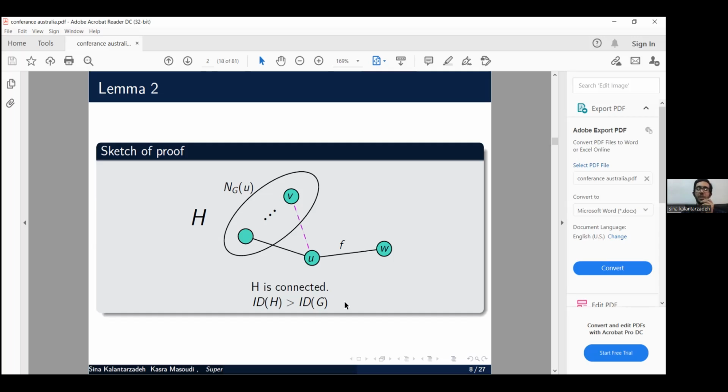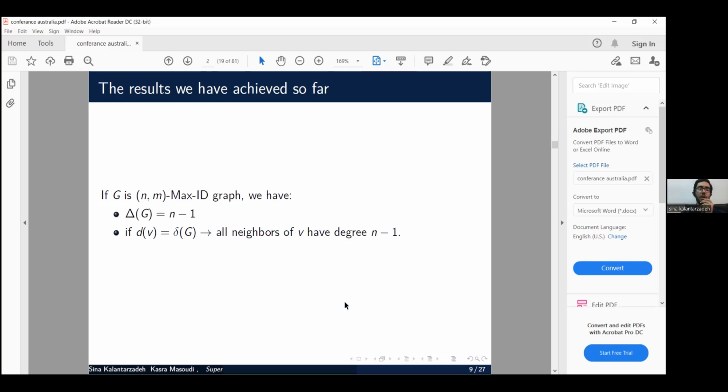And again, by calculations we can see that ID of H is greater than ID of G. So we run into a contradiction again. So far, we have proved these two properties for max ID graphs.